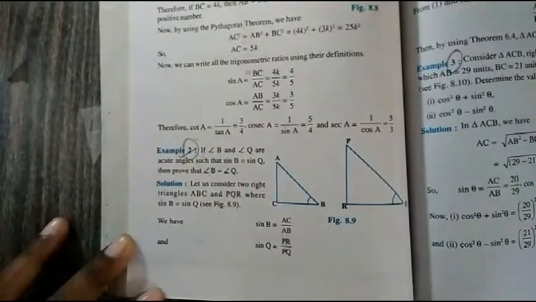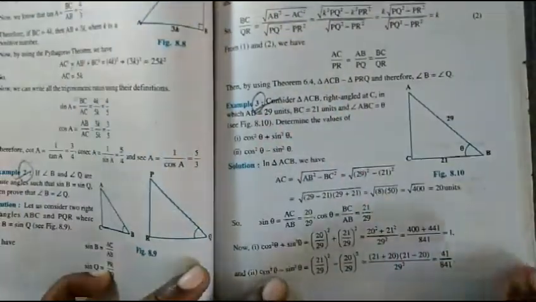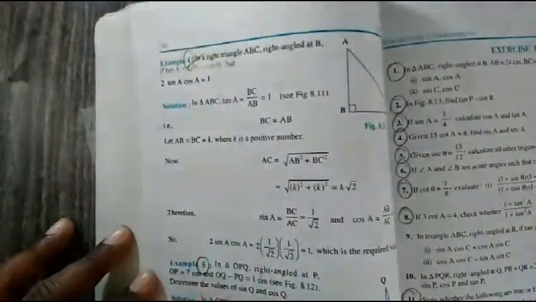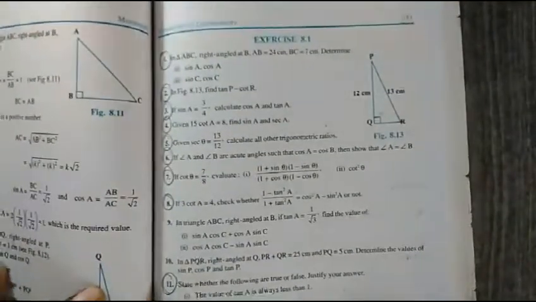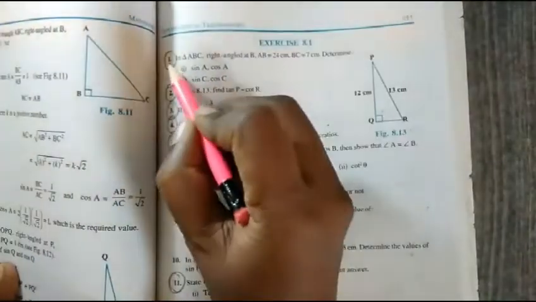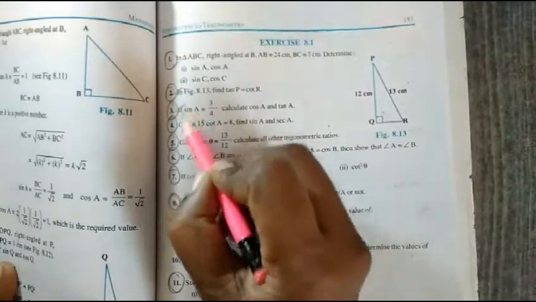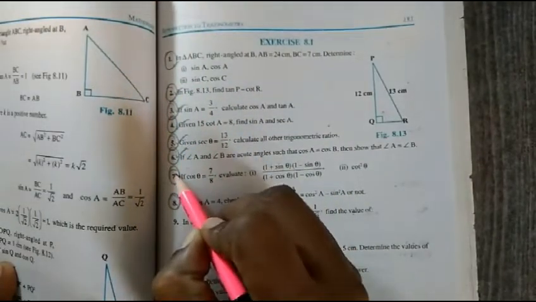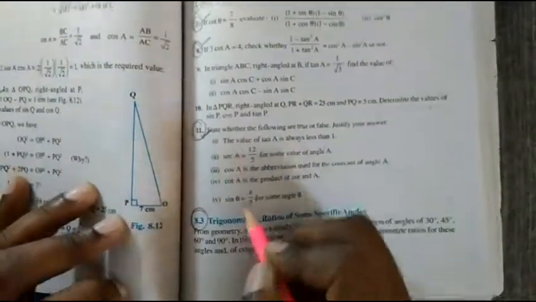You have example 1, example 2 you have to study, and example 3 also you have to study. Then example 4, example 5 you have to study. And exercise 8.1, you have to study question 1, 2, 3, 4, 5, 6, 7, 8 and 11 you have to study.